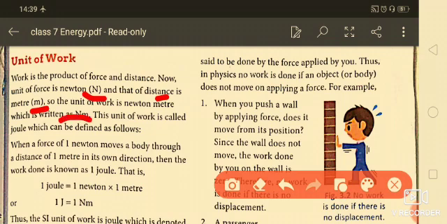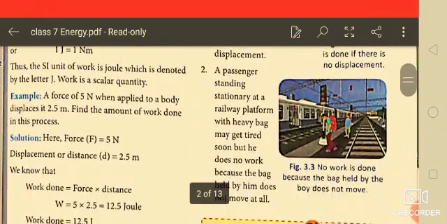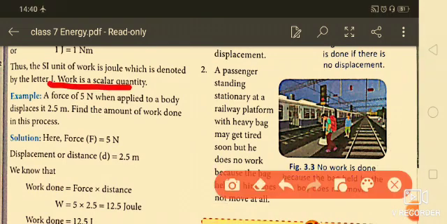So the unit is Newton meter. When a force of 1 Newton moves a body through a distance of 1 meter in its own direction, then the work done is known as 1 joule. So the SI unit of work is joule, and work is a scalar quantity.